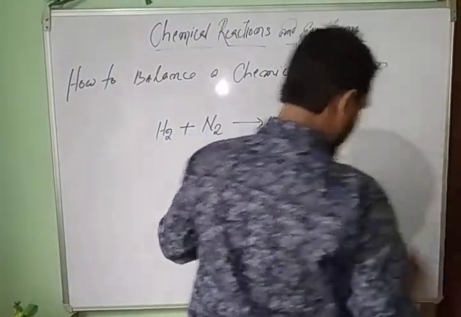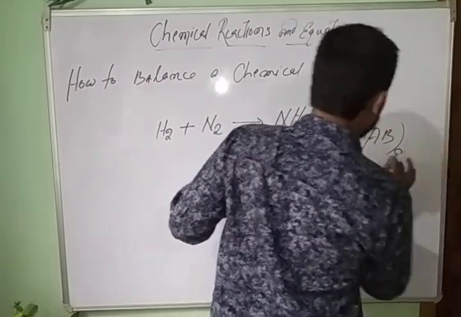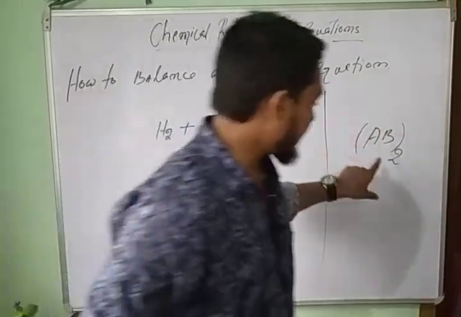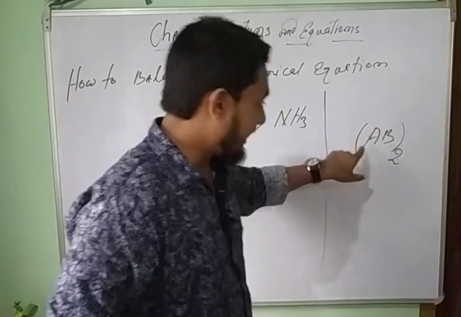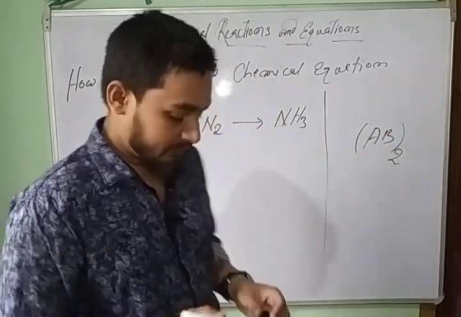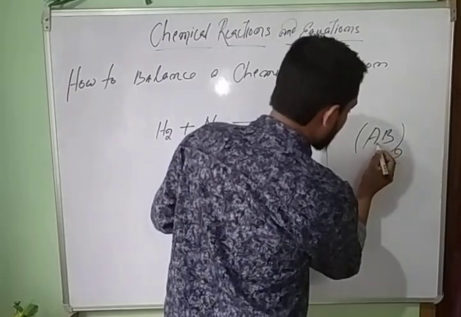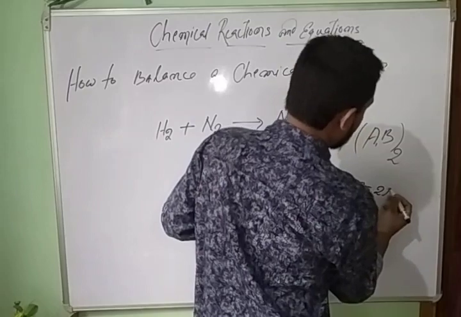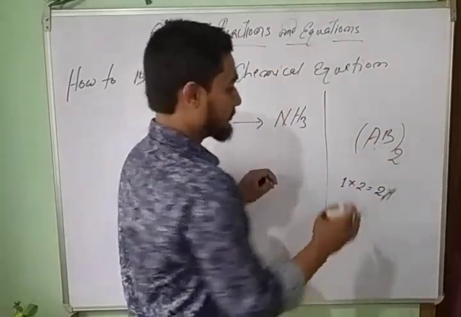Suppose another case, if AB as a whole is inside a bracket, and I put a 2 common to this A and B in the suffix position, then the number of A is 1 into 2, that means the number of A is 2, and the number of B is also 2.